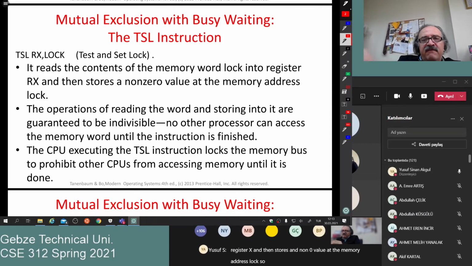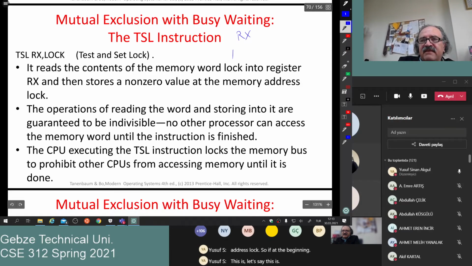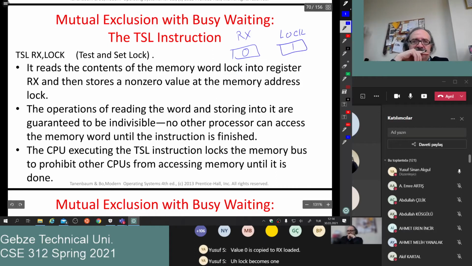So at the beginning, let's say the memory location lock value is 0. After I run this instruction, value 0 is copied to Rx, loaded, and lock becomes 1. This is done without worrying about switching or any interrupts.